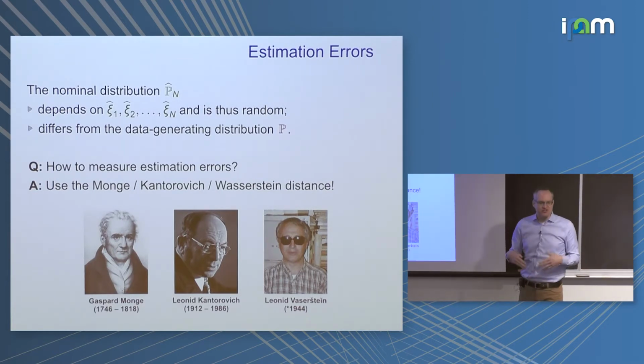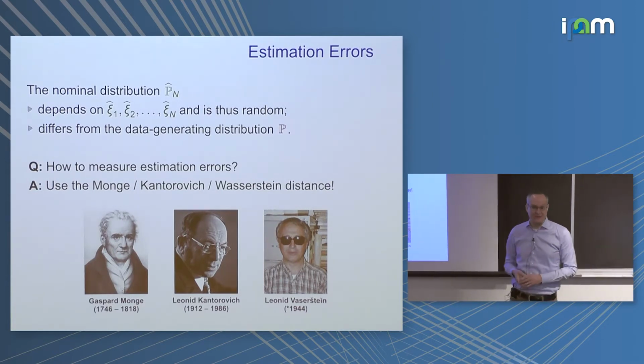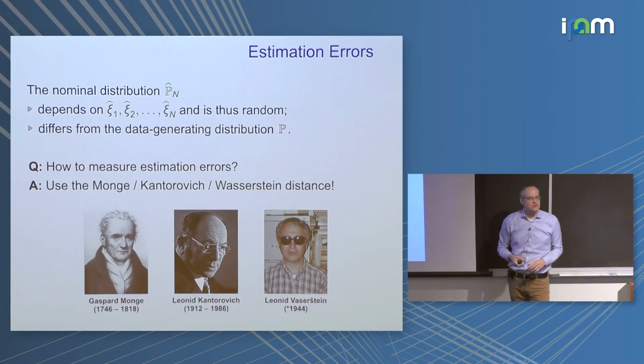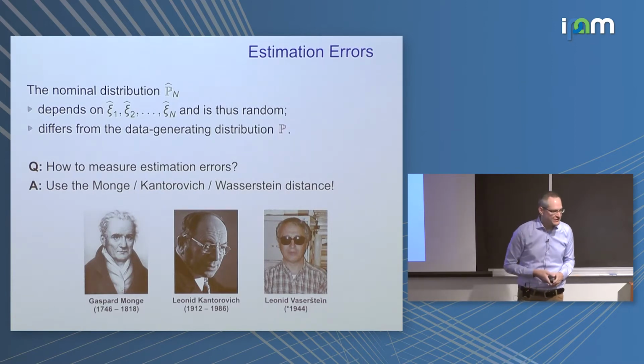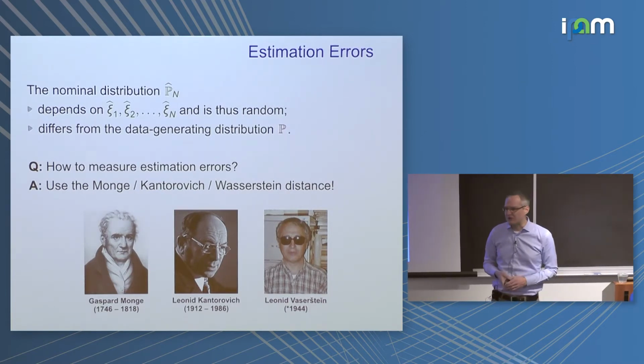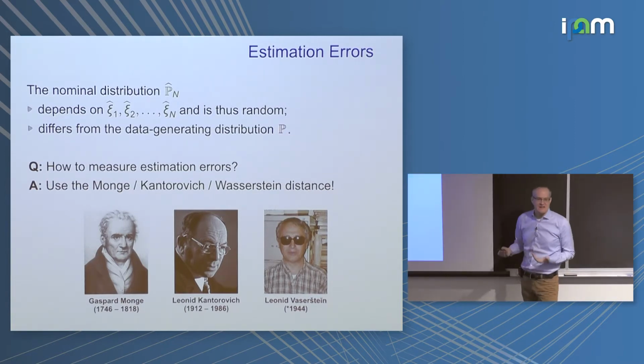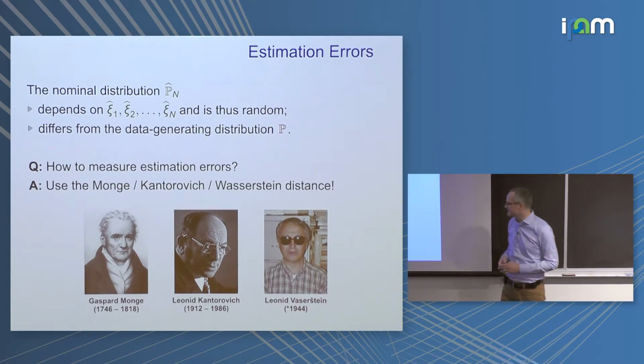And the very important question is now, how sensitive is the risk with respect to misspecifications of the distribution? In order to answer that question, we first need to agree how we would like to measure estimation errors in the input distribution. And I will argue that the convenient way of doing this is by using the so-called Wasserstein metric, or the Wasserstein distance.